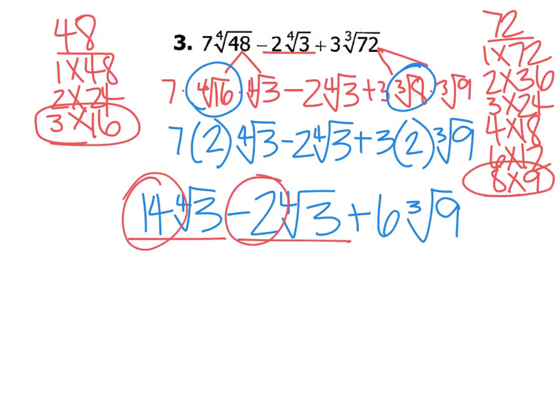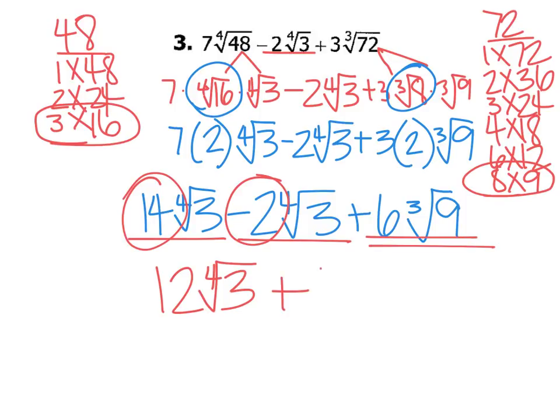So 14 minus 2 gives us 12, and we leave our fourth root exactly the same. We keep the common radical, and then bring down the plus 6 third root of 9 because we can't simplify that any further.